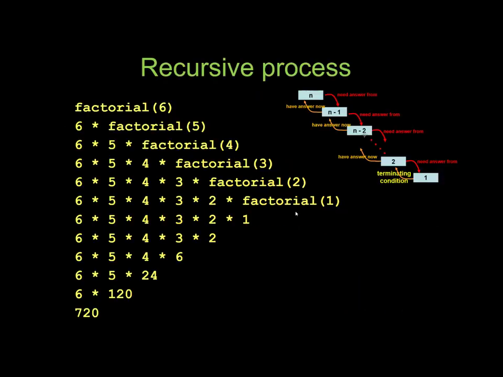Let's analyze the factorial function. Time is needed to do arithmetic operations, so the time needed is proportional to the number of operations we do. For factorial with input of 6, we need to call factorial 5, factorial 4, factorial 3, factorial 2, and factorial 1, all 5 times.